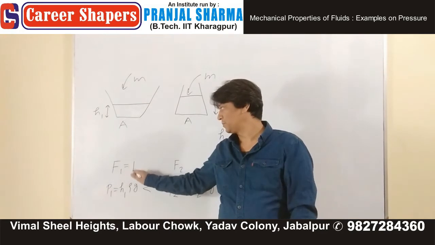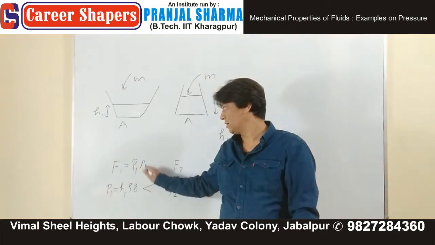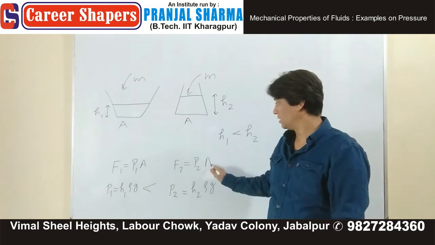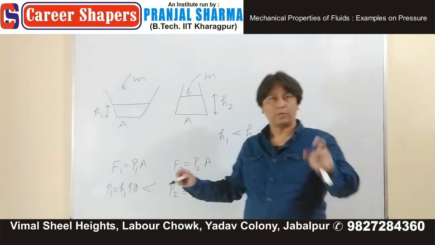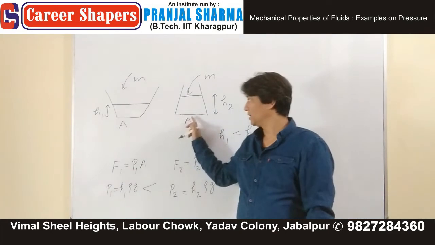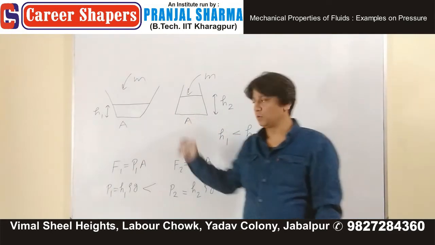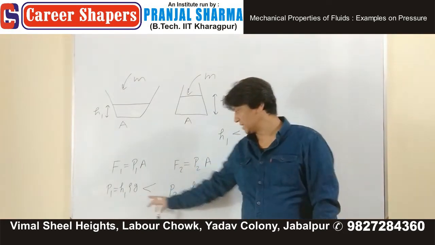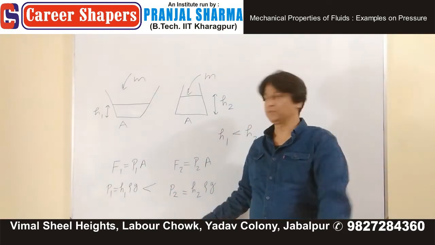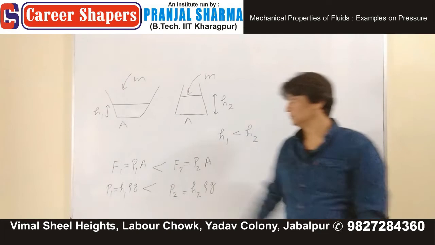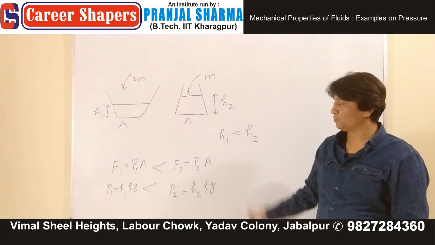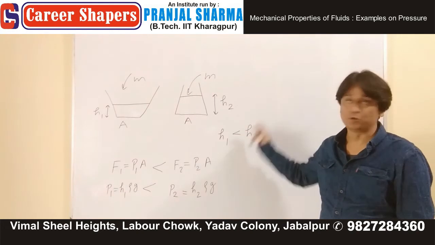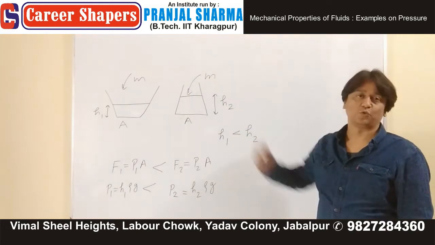Force is pressure into area. We are dealing with force at the bottom only, at the bottom of the beaker only. Now you have the same base area, but P1 you are saying is less than P2, and therefore F1 is less than F2. P1 is less than P2 because H1 is less than H2 and your mass is what? Same.